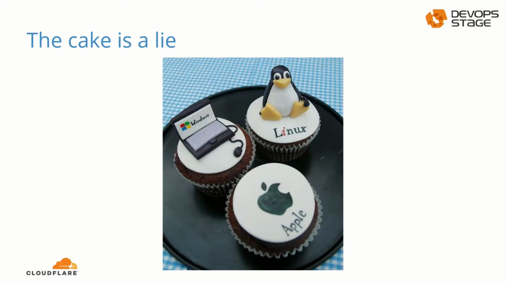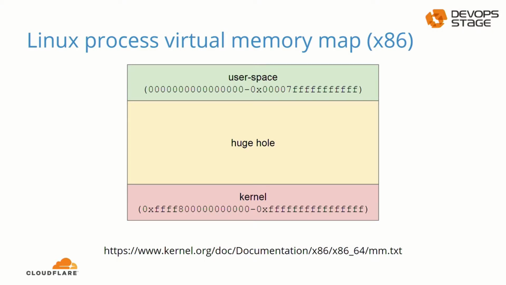But actually, all operating systems trick you, they steal your address space. So for example, if you take the Linux memory layout for an x86 system, you will see that it only allows your application, which runs here, to have 47 bits of addressable space, and you have this unused range, which no one uses, and then the upper addresses are reserved for the Linux kernel itself.